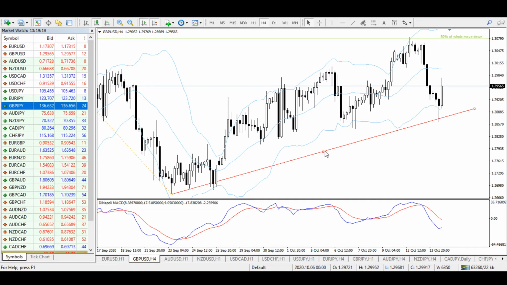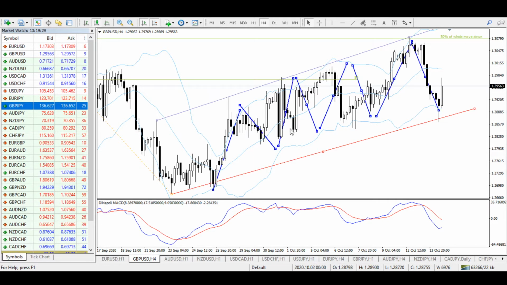That's why I plotted the Bollinger Band to understand what the range is. So inside the Bollinger Band, this is the range. The market has been moving like this, up and down, a zigzag kind of movement, and that's why there was a high probability after this fall that the market would go back to the upper line of the Bollinger, or at least to the midline.